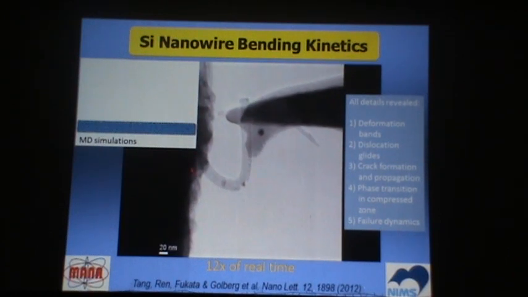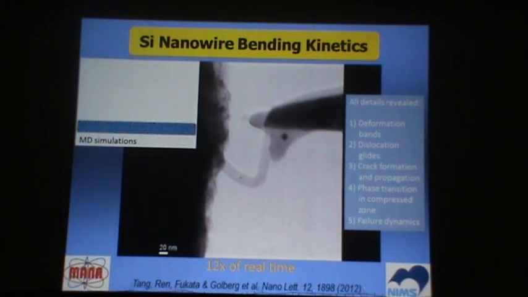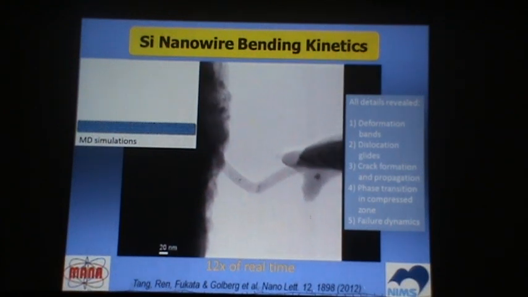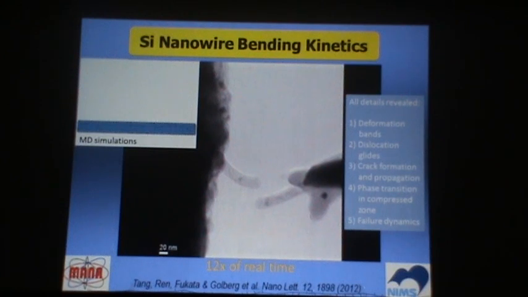And the good thing is that this is a low magnification, but at any stage of this experiment, you can zoom in, go to like 2 million times magnification, and you can visualize how the dislocations are moving inside, what's the dislocation core, is there any phase transformation, and whether the chemistry changes during the deformation, due to silicon oxide, for example.